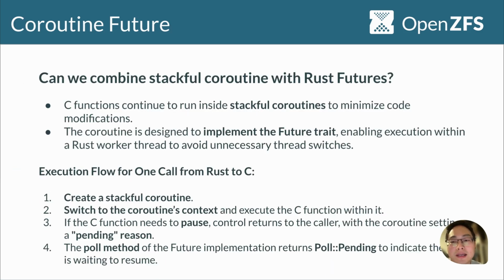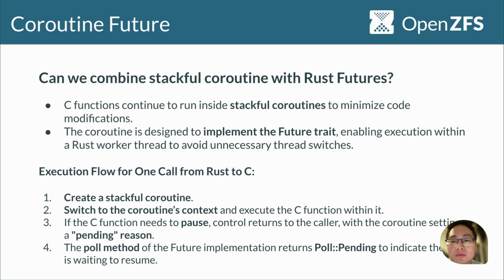So can we combine stackful coroutines with the Rust future? If we do that, we get the coroutine future. In this solution, C functions continue to run inside stackful coroutines to minimize code modifications. And the coroutine is designed to implement the Future trait.